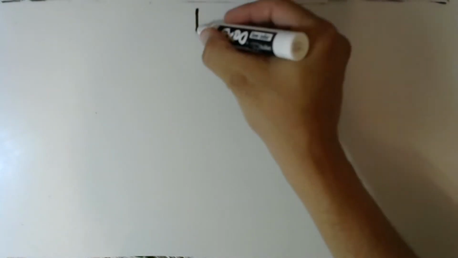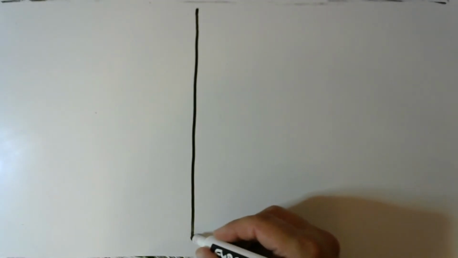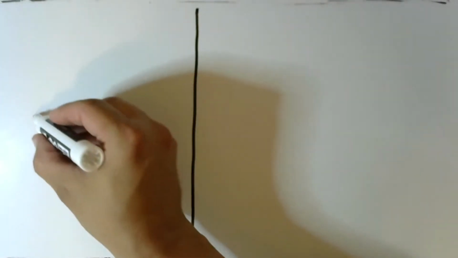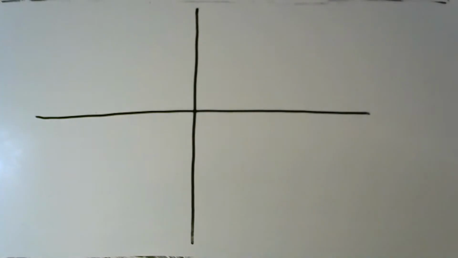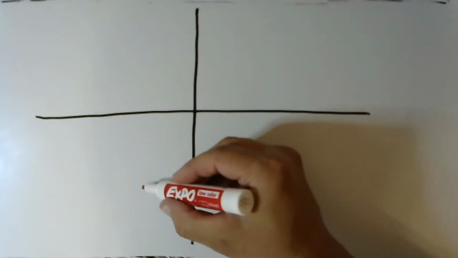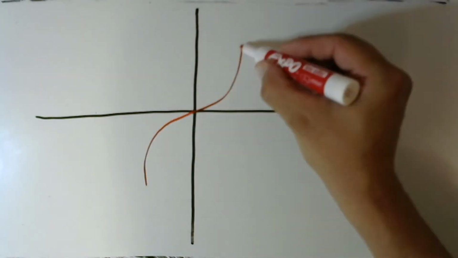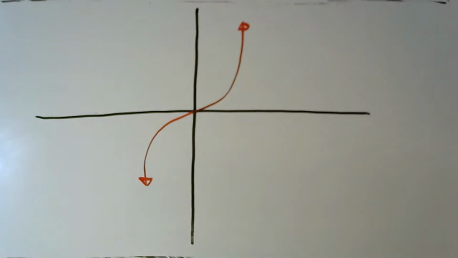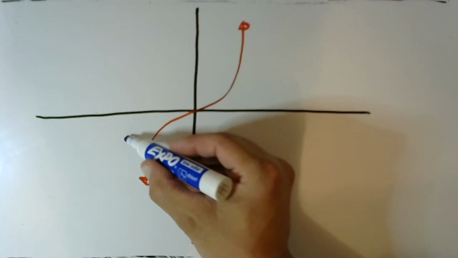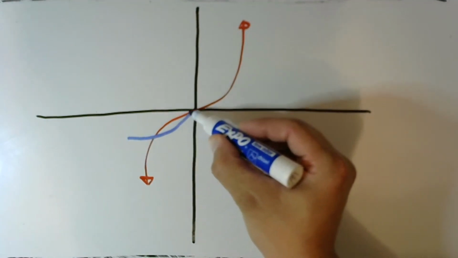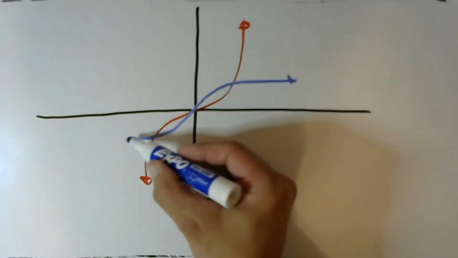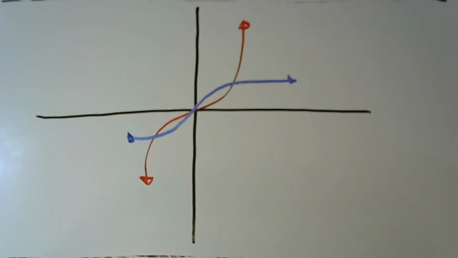If we graph a function with its inverse, so let's say we have x cubed, it looks something like this. Well, x to the 1/3 looks something like that.